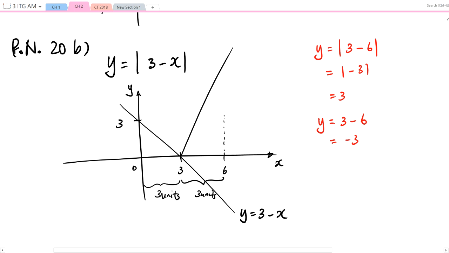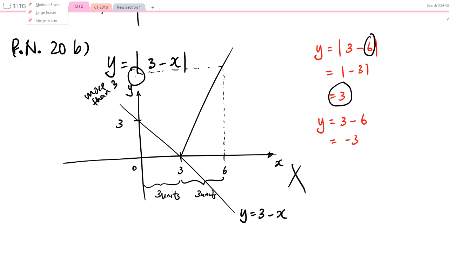Now when x equals 6, this time you see that my y value is no longer 3. See, when x equals 6, my value of y for modulus should have been 3. But in this case, it is obviously more than 3. So we say that this is a bad drawing.